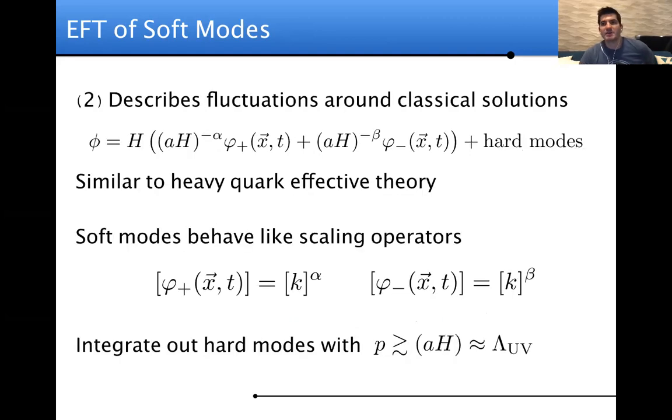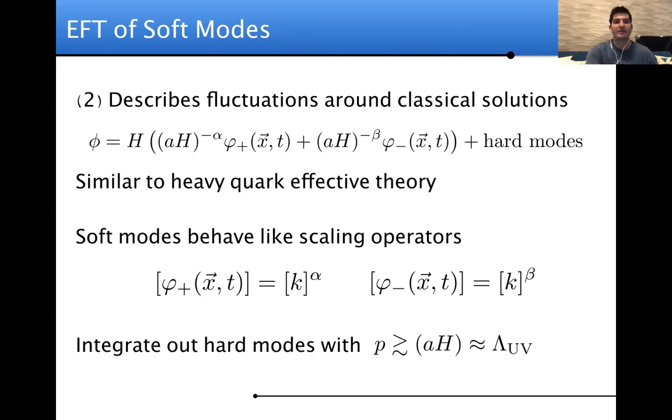Now, the strategy for this effective theory is, instead of expanding the field around 0, we're going to think of expanding the field around these classical long wavelength solutions. So we can think of this from the top down as being an ansatz where we factor out this classical long wavelength behavior.